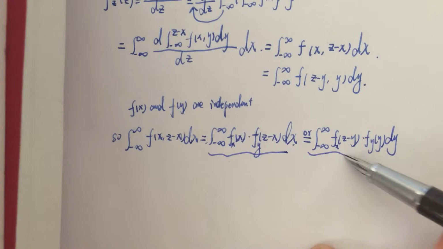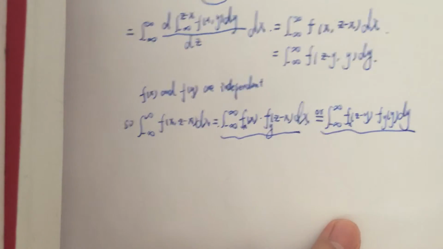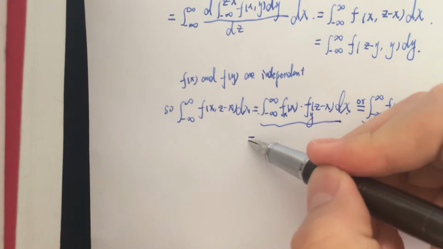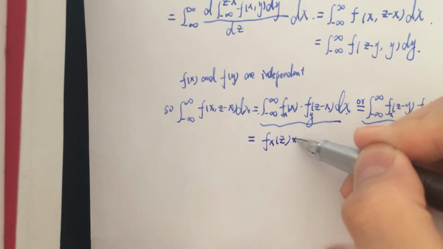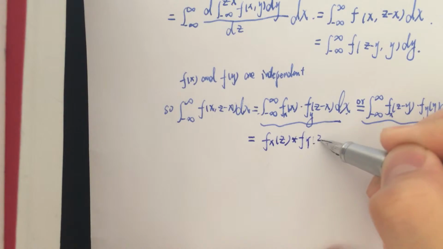According to this one and this one, we know that they are convolutions, so this is equal to f_X convolved with f_Y of z.